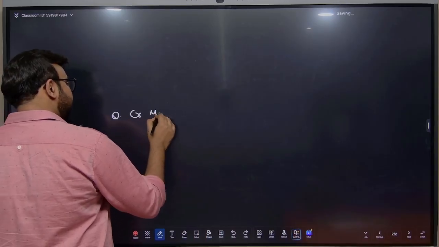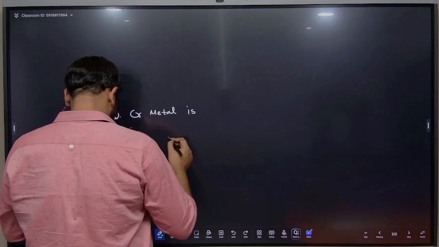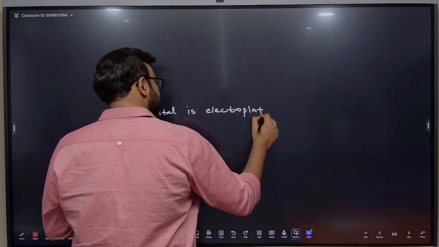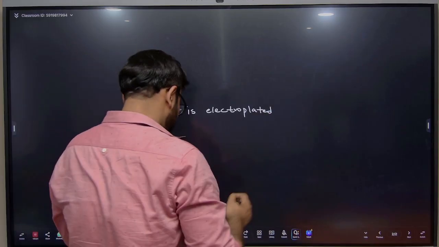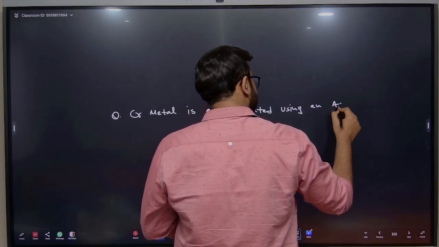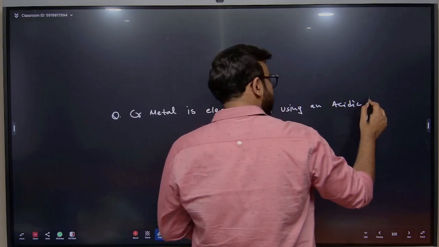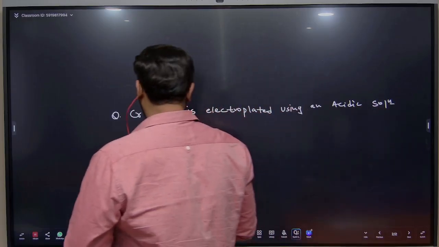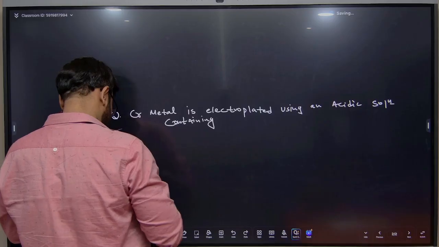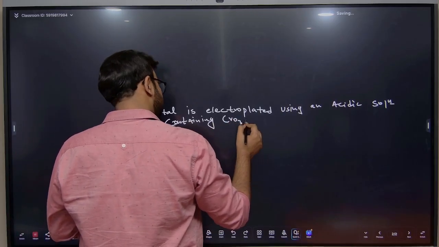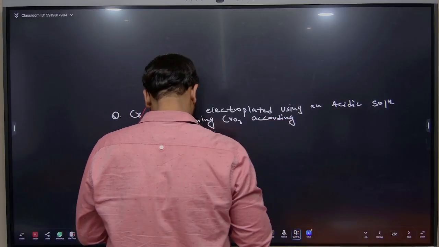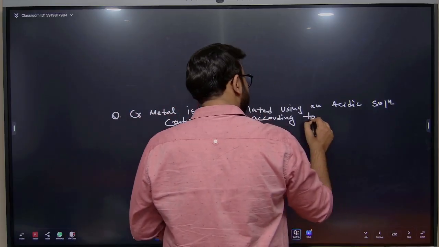So chromium metal is electroplated. Chromium metal is electroplated using an acidic solution containing CrO3 according to the following equation.